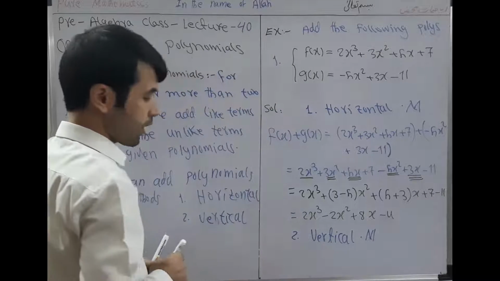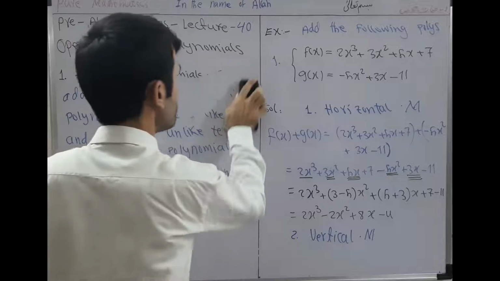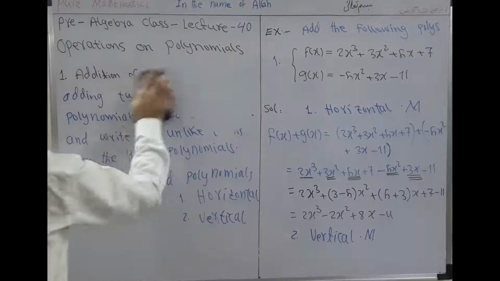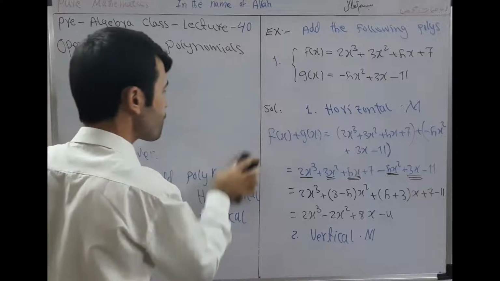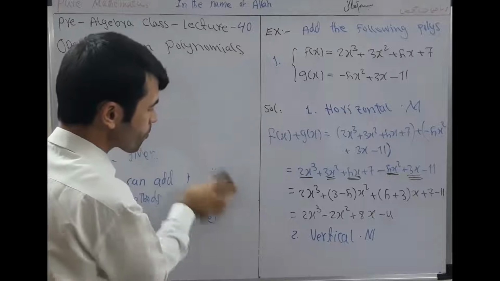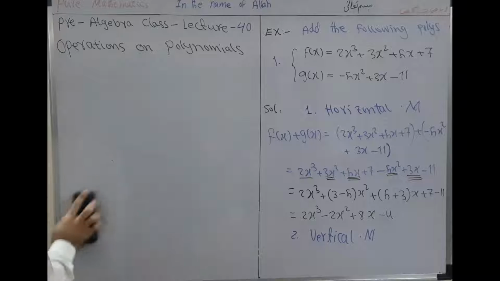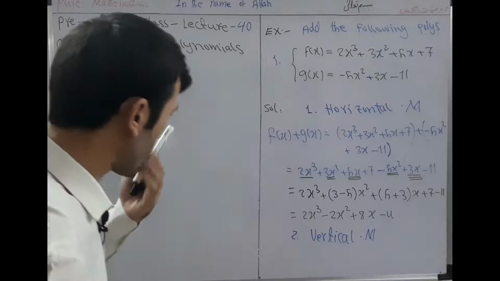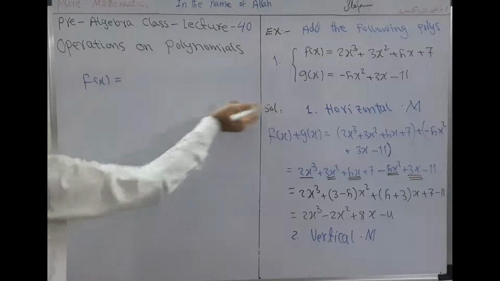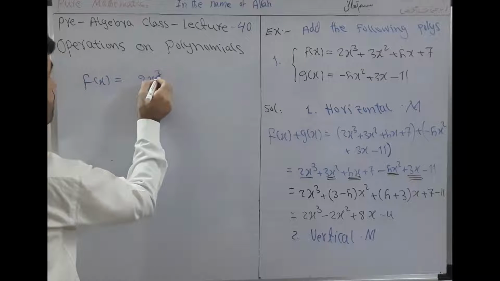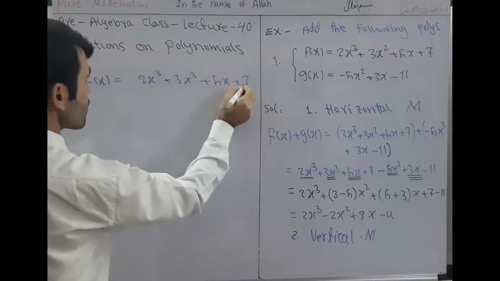Now here we want to write f of x is equal to 2x cube plus 3x square plus 5x plus 7.